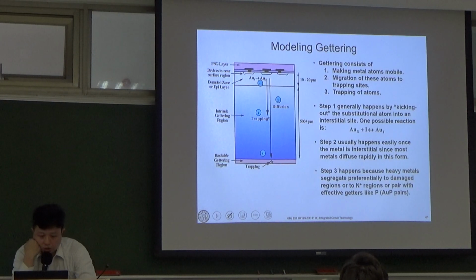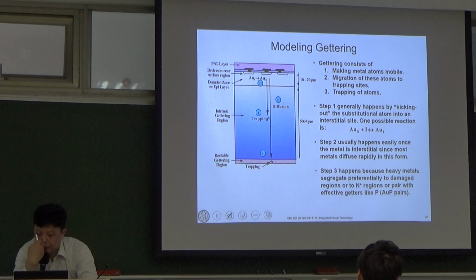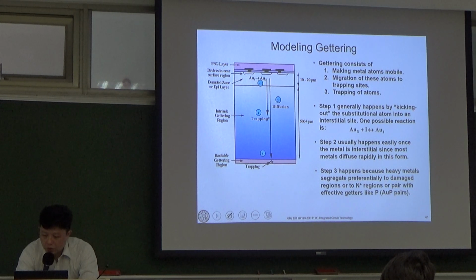Now we're trying to model the gettering process. Remember, there are three steps. The first is to free these metal atoms to make them mobile. The second is to make them diffuse to the trapping sites. The third is to trap these atoms. For step 1, we can kick these atoms out of their substitutional sites and make them interstitials.